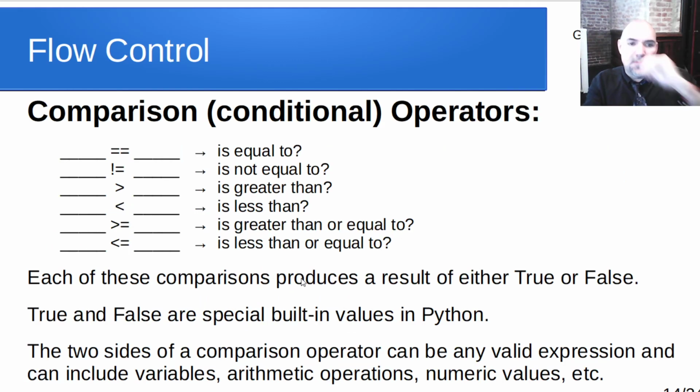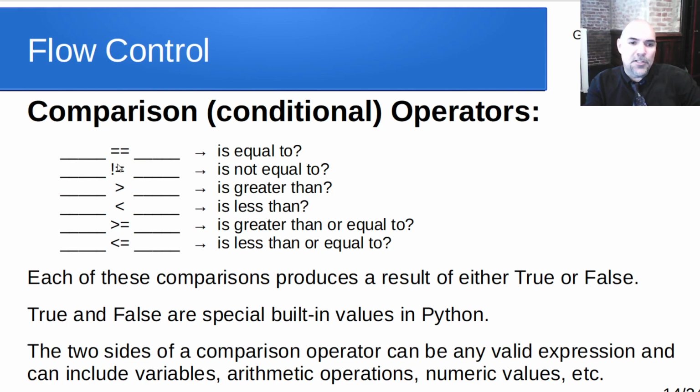So let's look at some of the comparison operators, or conditional operators. In other words, all of them will separate two different things like we have here. So health equal 0. Or you might say ammo not equal 0. Or you might say ammo greater than 0. But each of these has two different values or things that evaluate as values.